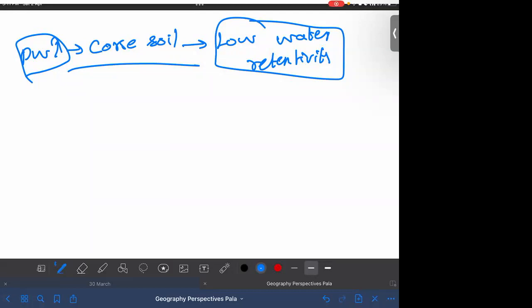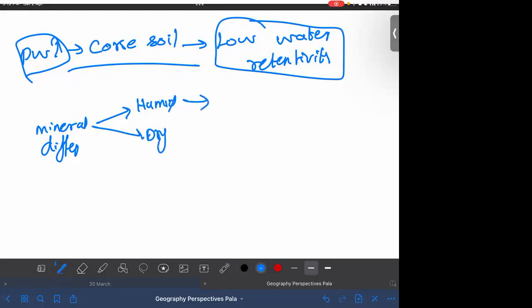Similarly, climate plays a major role in the process of differentiation of soil formation. Okay, in humid region, it will be characterized by what?